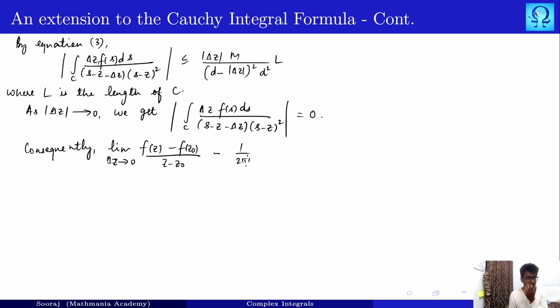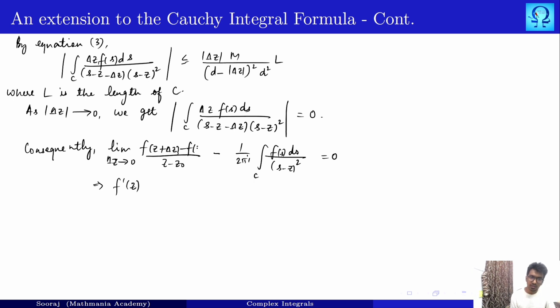Even if you take a limit delta z approaches 0, this does not involve any delta z, so it remains as it is. Therefore, by the definition of derivative, this is f prime of z. Okay, so here, just a minute: f of z plus delta z minus f of z. This is the thing we have.